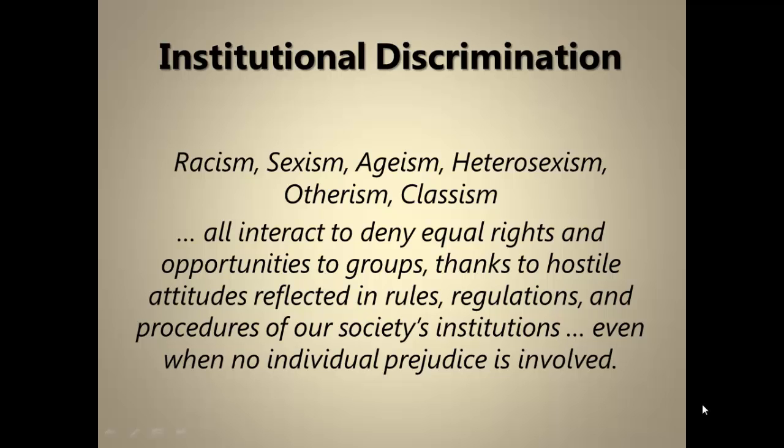Some of the things that were done to individuals in minority groups, racial minorities, ethnic minorities, women, older people, heterosexuals, those types of people, the things that were done to those individuals were outright discriminatory.